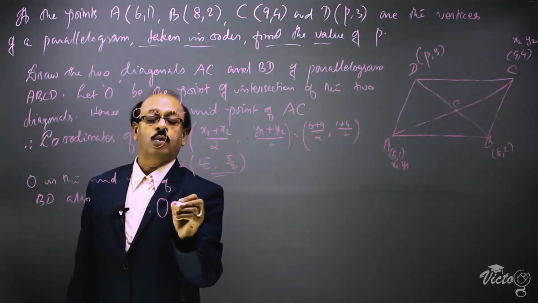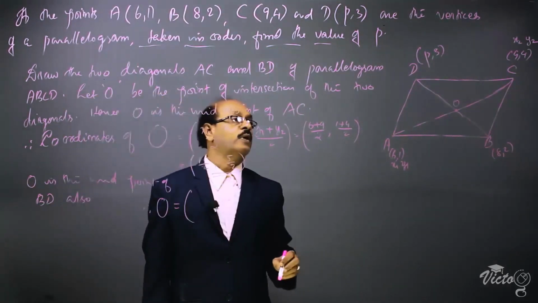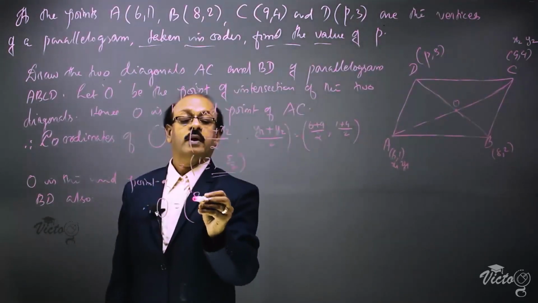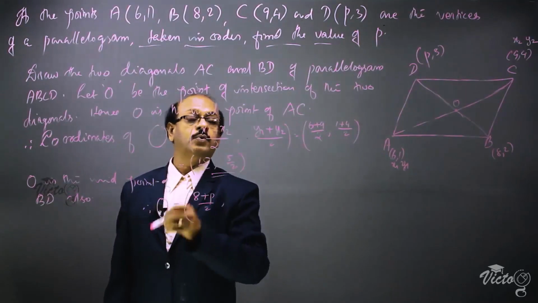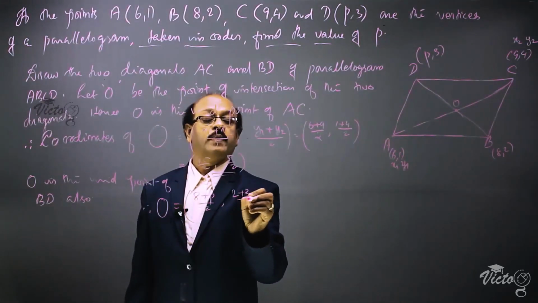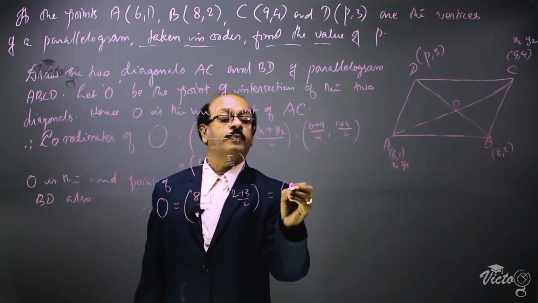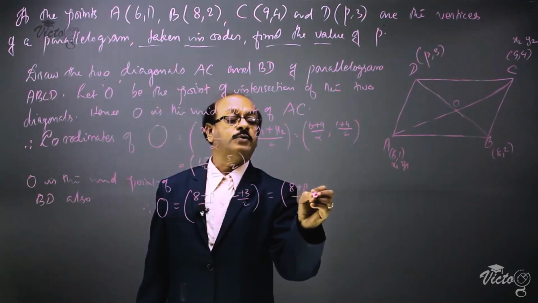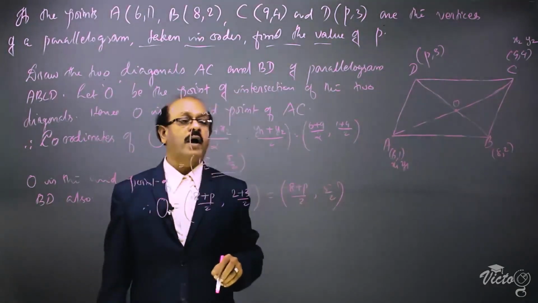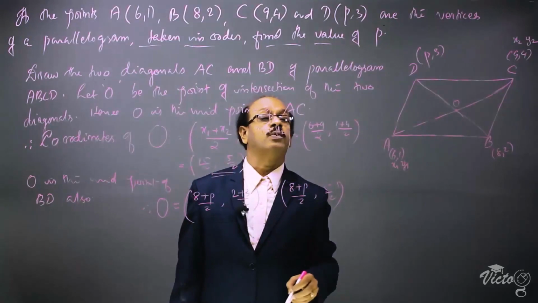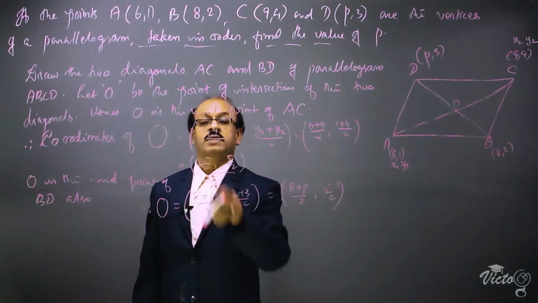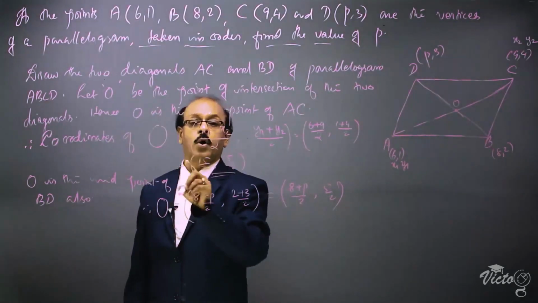Therefore, O is ((8 + P)/2, (2 + 3)/2), which is ((8 + P)/2, 5/2). This is the coordinates of O, and here also this is the coordinates of O. Here 6 plus 9 by 2 is 15 by 2, and here it is (8 + P)/2.